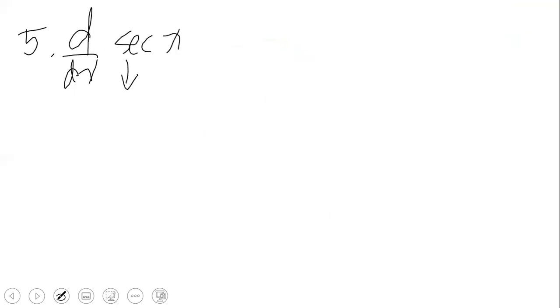So, let's have number 5. For number 5, you also have the derivative of secant. So, remember, ang secant is in terms of the ratio of 1 over cosine x.